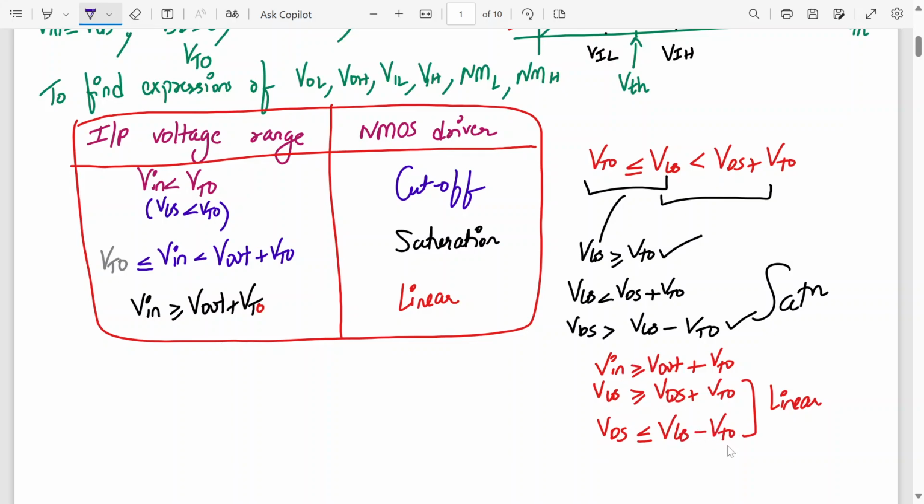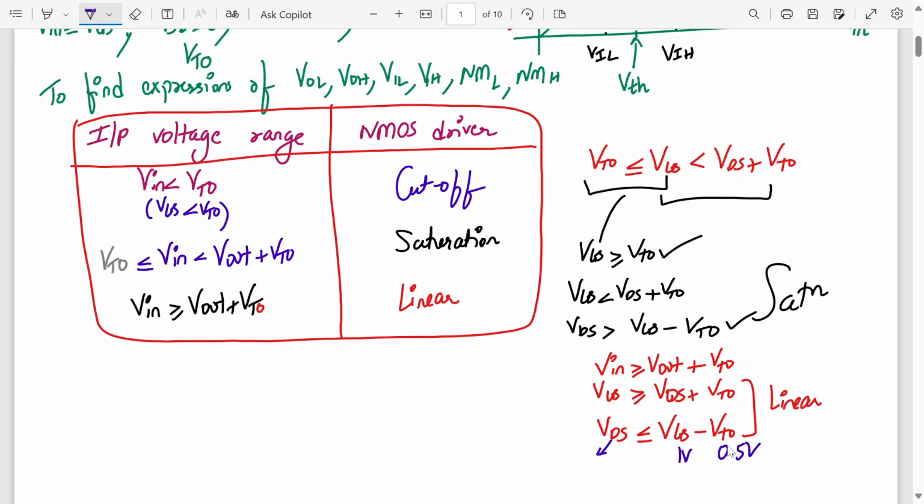Okay, let's give you some numbers. You will understand when I give you some numbers. So let's say VGS is 1 volt, VTO is 0.5, and VDS is supposed to be smaller than this. So tell me, when will VDS be less than VGS minus VTO in this case? Tell me the value.